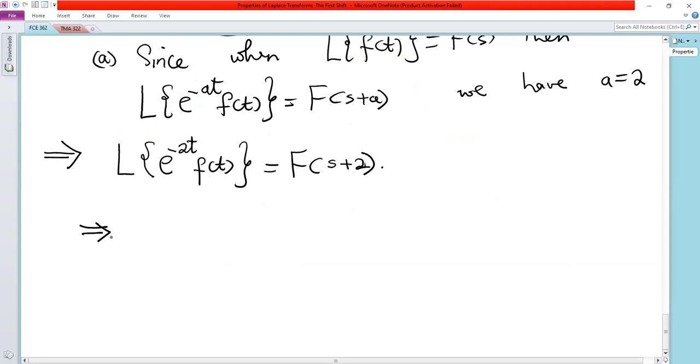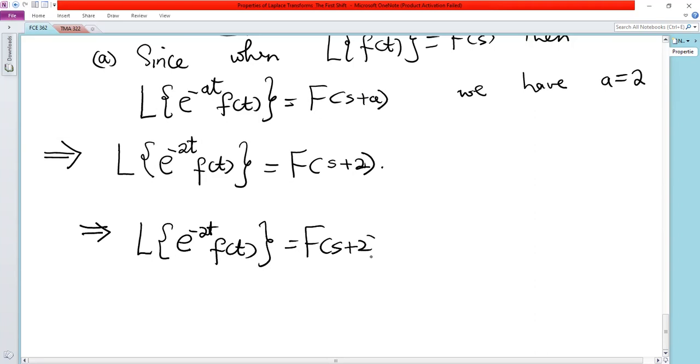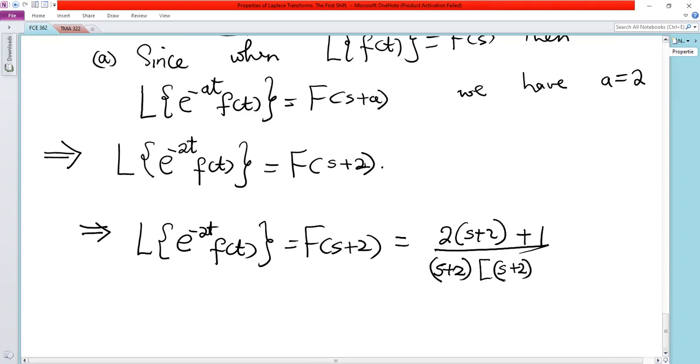So this implies that Laplace transform of e raised power minus 2t f of t will be F of s plus 2, which will be given by 2 times s plus 2, plus 1, divided by s plus 2 into s plus 2 plus 1. We are simply taking the role of s to be s plus 2.